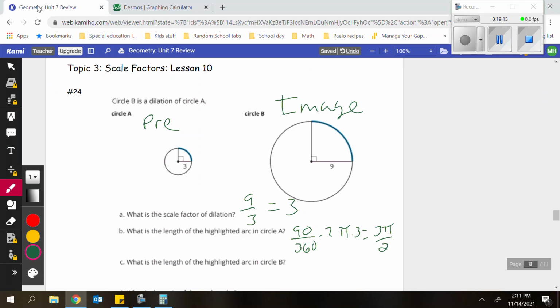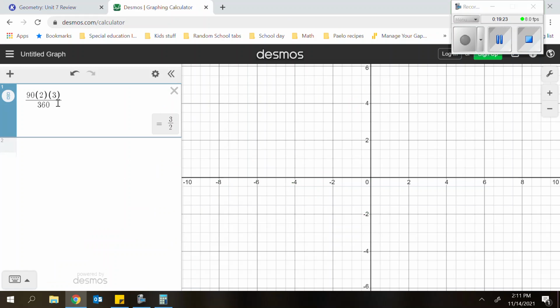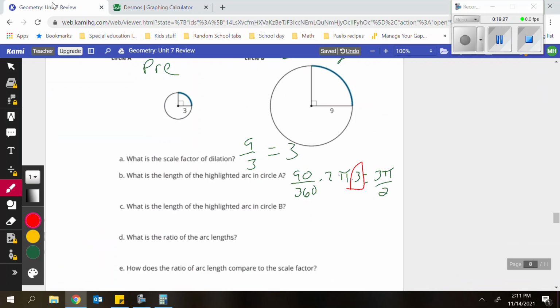Yep, 3 over 2. What is the length of the arc highlighted in B? You can set it up the same way, and instead of the times 3, you can change that to a times 9. You get 9 over 2. Or you can take your pre-image's arc length and multiply it by your scale factor. 3 times 3 is 9, 2 times 1 is 2, and put your pi.